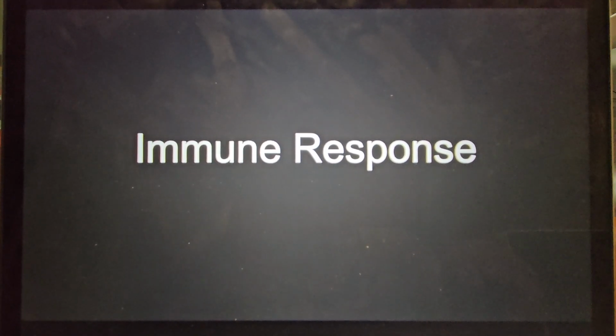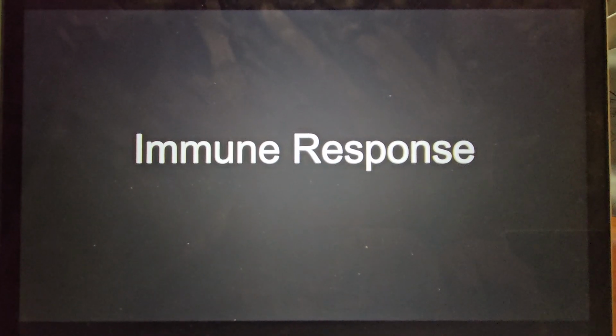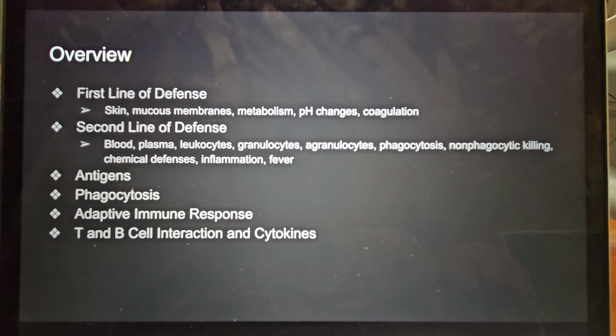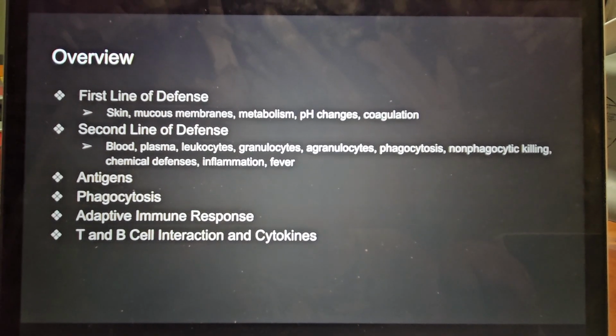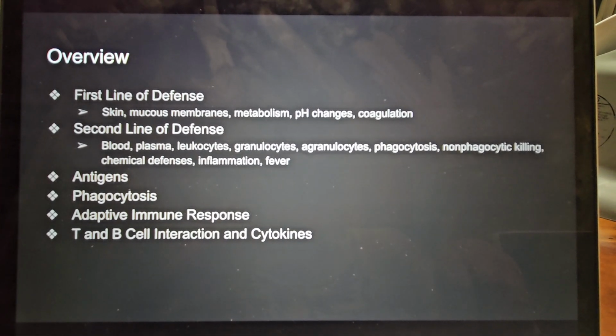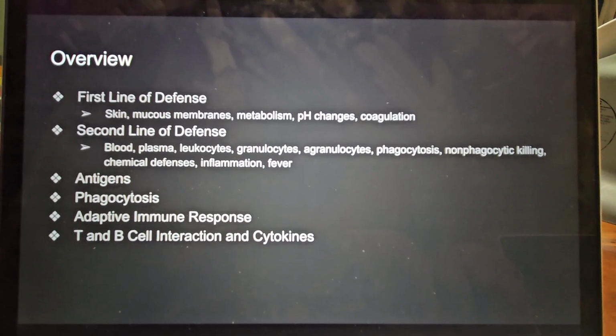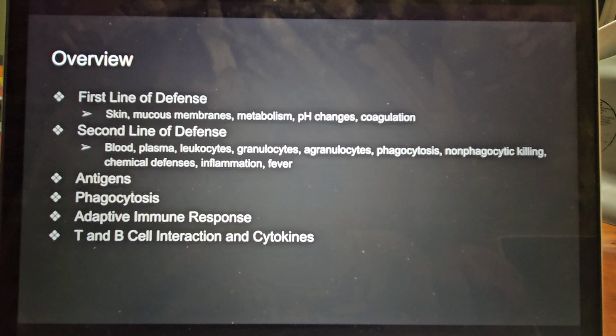We're going to talk about the immune response and the process that we go through, and then we'll go through my flow chart at the end. First off, we're going to talk about the first line defense, second line defense, antigens, phagocytosis, the adaptive immune response, and then T and B cell interaction and cytokines.